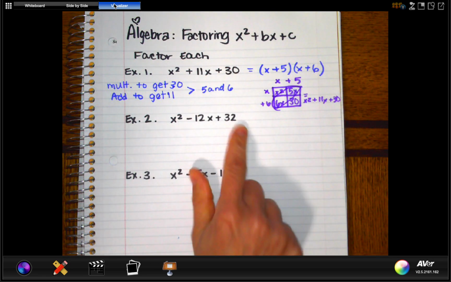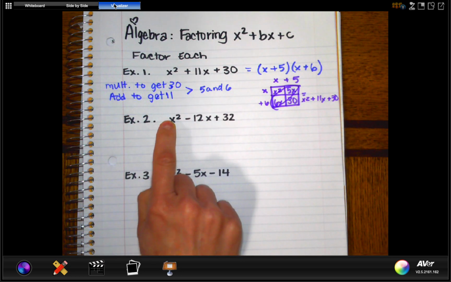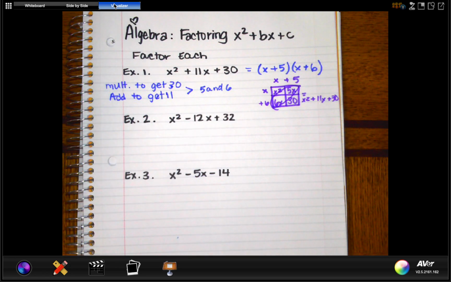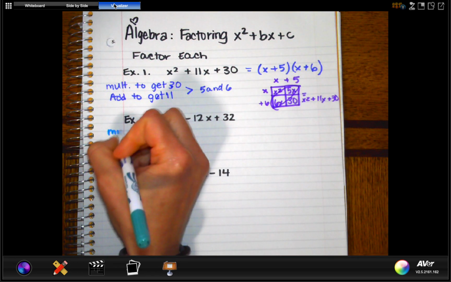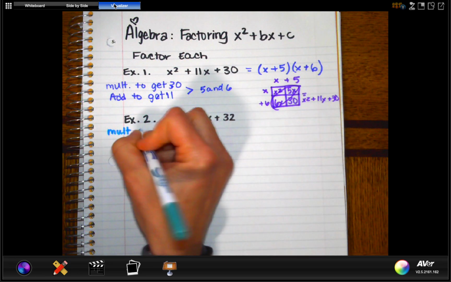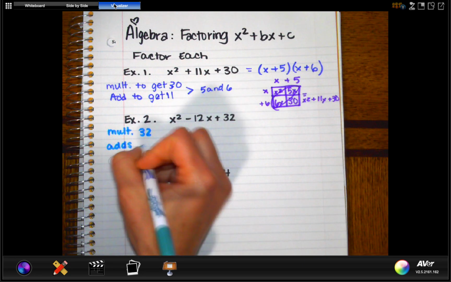Same thing. Really, you're looking for a GCF here. This is a 1, so automatically your GCF has to be 1, but the good news is we can jump right into finding our factors. So this time we're looking for what multiplies to get 32, but adds to get negative 12.